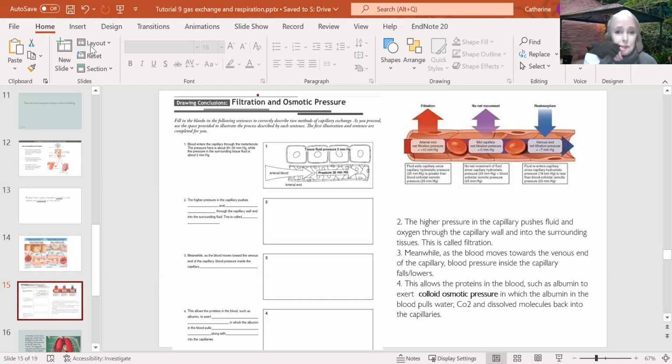Either way, this is a handy little 4-step drawing exercise for filtration and osmotic pressure. I recommend that you don't only answer the questions, but actually draw it out for yourself and use colors. It makes a big difference to learning when you can actually see it and you've drawn it out.